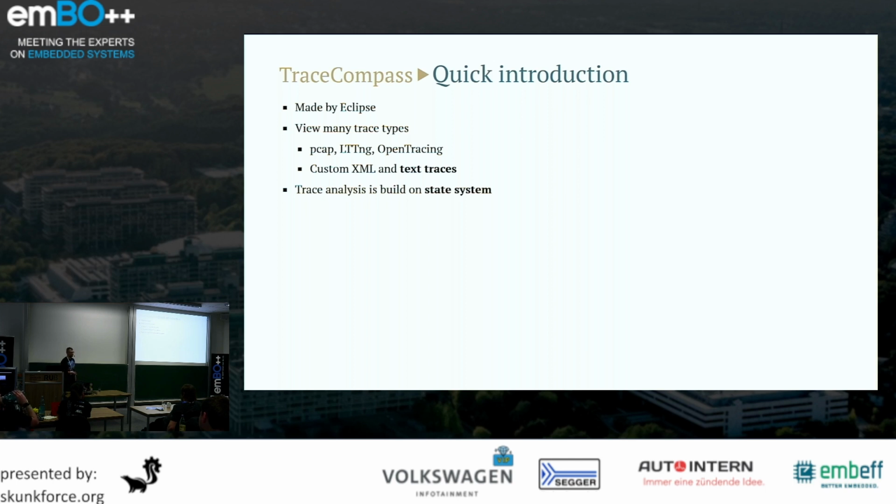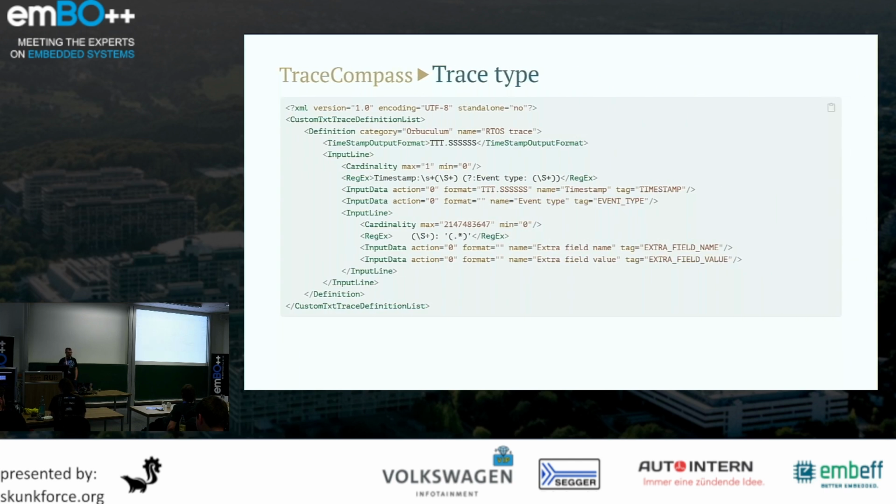If you'd like to build more extended analysis for traces, we need to look into the state system mechanism in TraceCompass, which I'll show you in a few slides. But let's start with defining the trace type. It's not a surprise, it will be XML based. But basically this is two regexes.